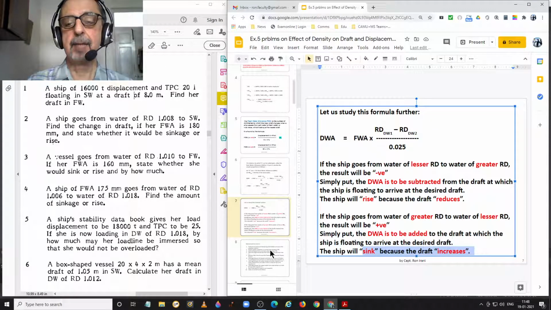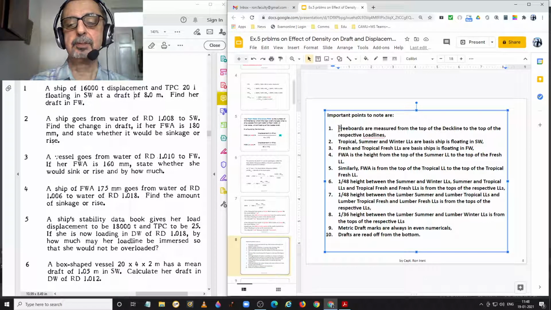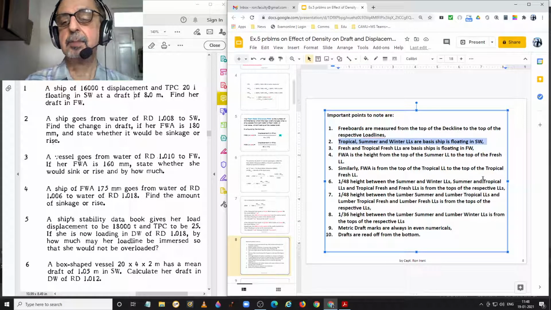So just to recap it all, freeboards are measured from the top of the deck line to the top of the respective load lines. Tropical, summer and winter load lines are basis the ship is floating in salt water.